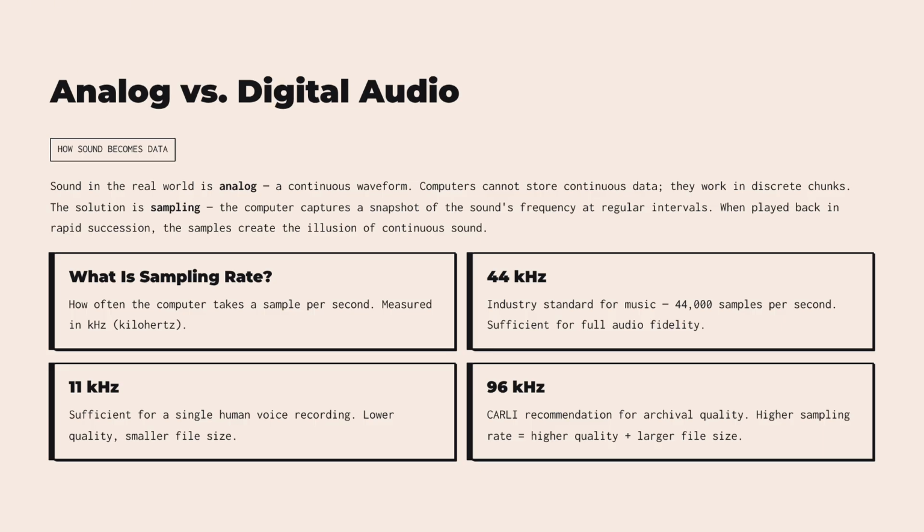But for archival purposes, the Consortium of Academic and Research Libraries in Illinois, known as CARLI, recommends a minimum of 44 kilohertz and a preferred rate of 96 kilohertz. When in doubt, capture more data than you think you need. You can always deliver lower quality access copies from a high quality master.